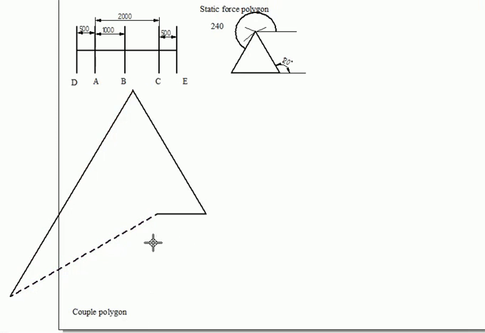So here I will write 0.3 times me is equal to 103.92. So by simplifying this, you will get value of me.